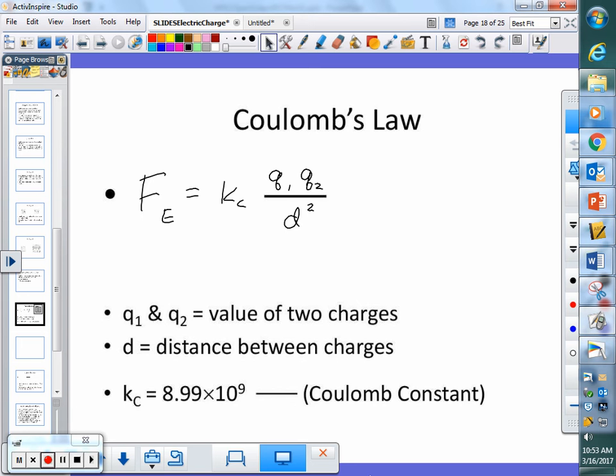So an inverse relationship would mean if we took two charges 1 inch apart and made them 2 inches apart, there would be half as much force.